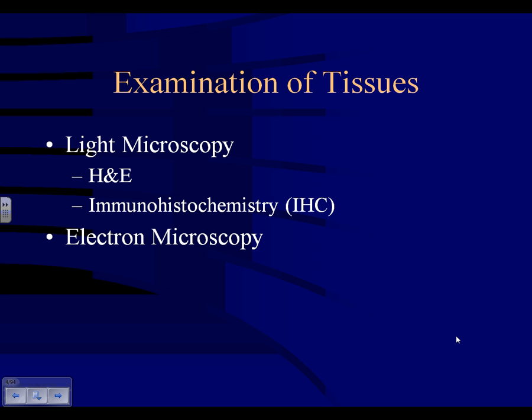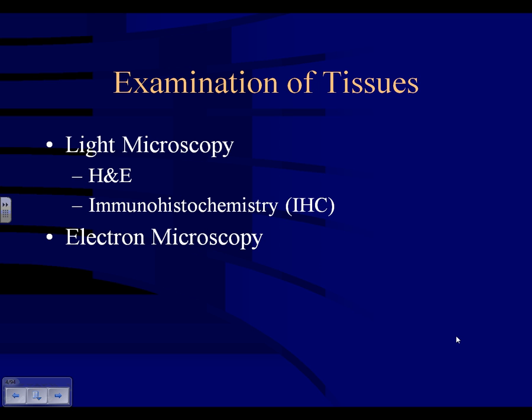This comes in handy with different types of tumors because different tumors express different kinds of proteins and sugars, and we can exploit that. If we're trying to figure out whether a tumor is from the pancreas or the colon, those two tumors will have different immunohistochemical profiles that we will exploit later. You'll talk about this much more later in the semester, but I just want to introduce the concept now.